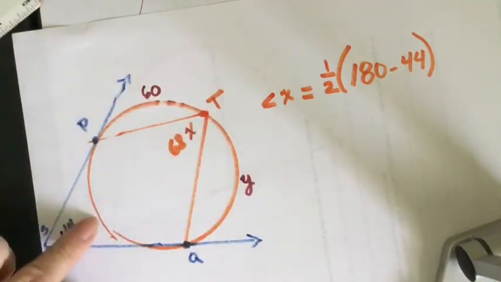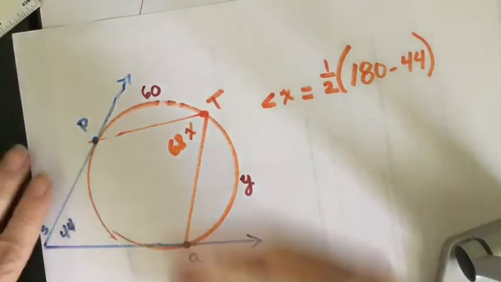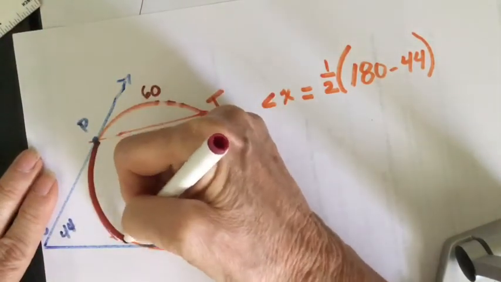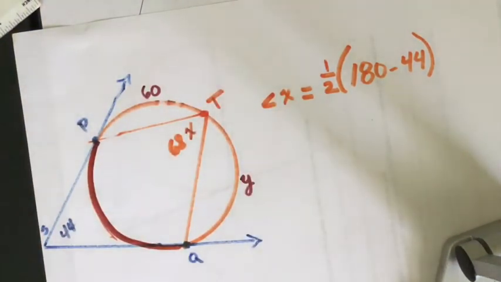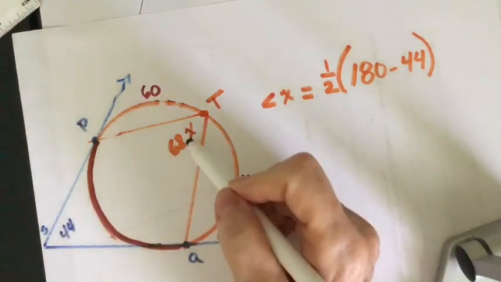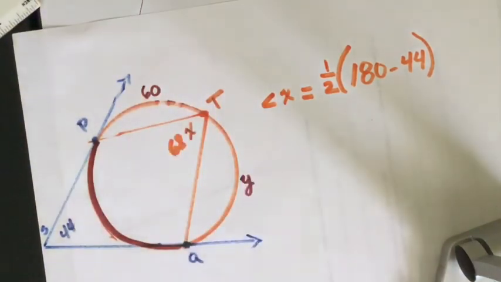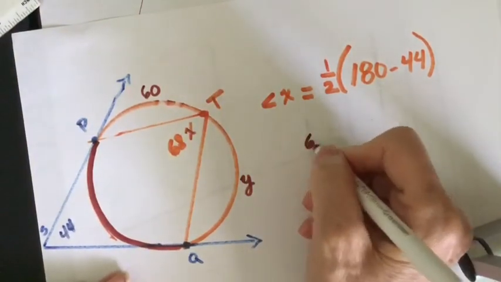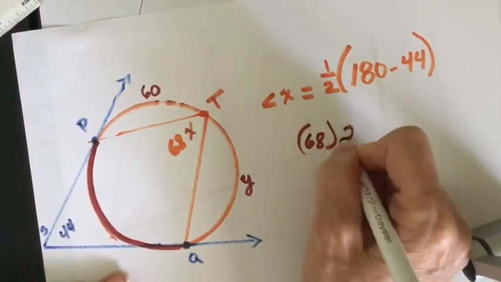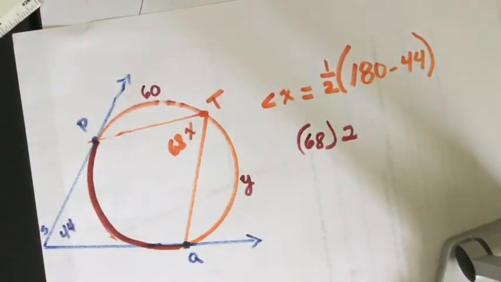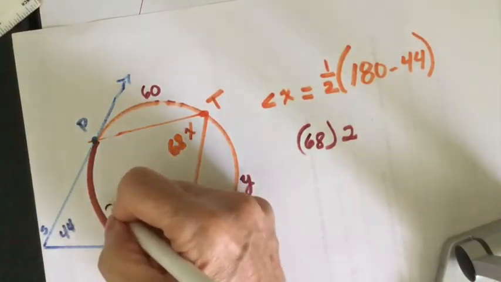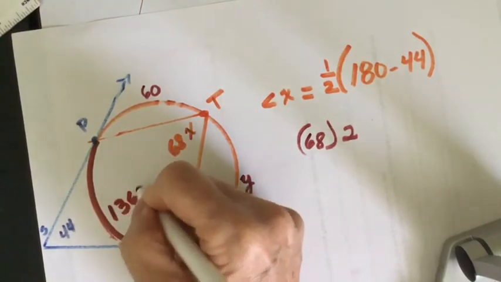So I wonder if I can find arc PQ, this arc right here. Sure, I can find that arc because I know that PQ is twice as big as 68. So 68 times 2 is, what, 136? So this arc is 136 degrees.